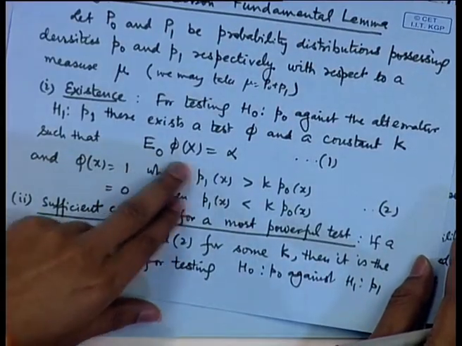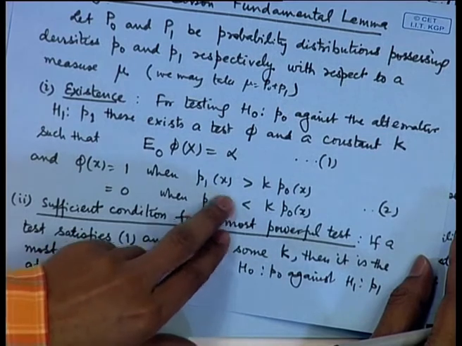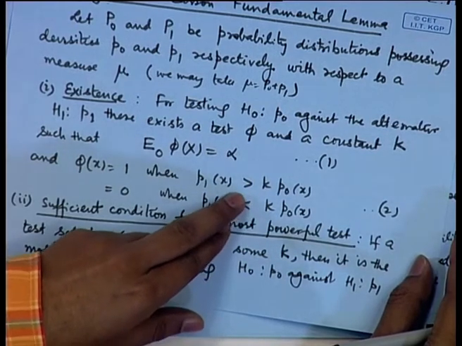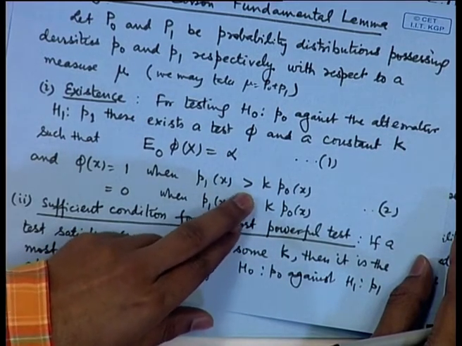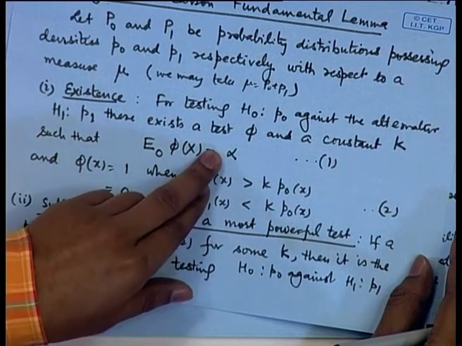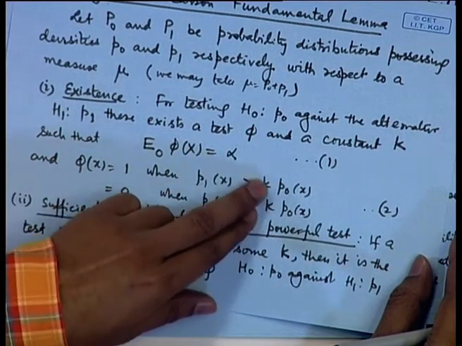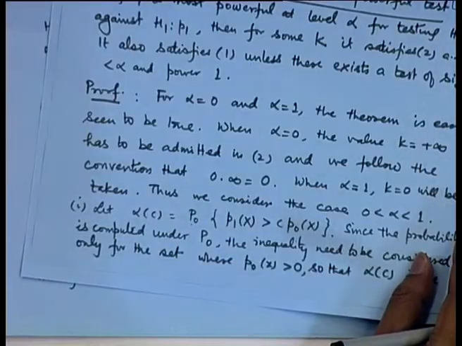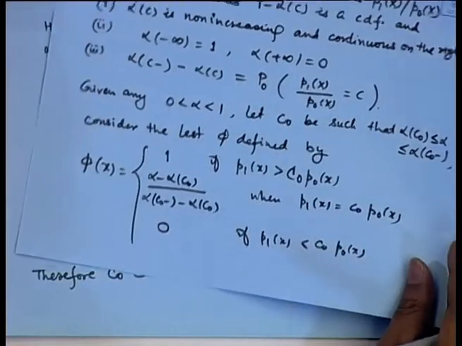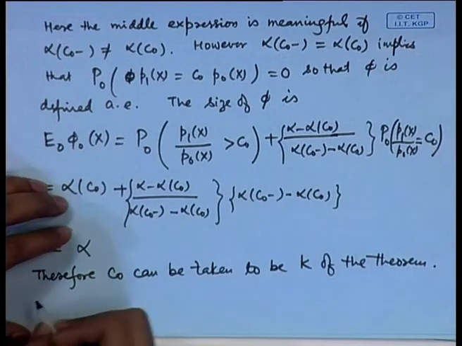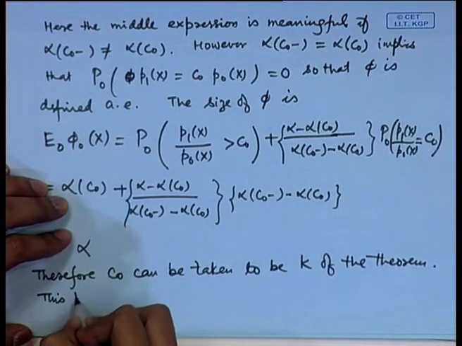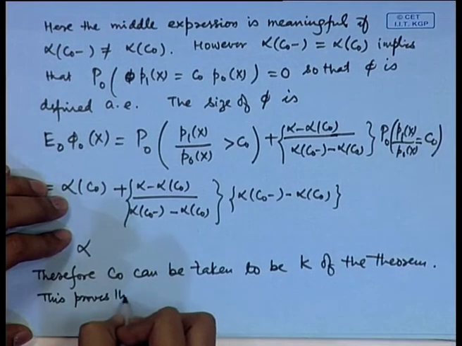Of course, this was not complete because this does not take care of the equality part. So, we defined that part here and it is having this power alpha. So, this k value is well defined here. This proves the existence.